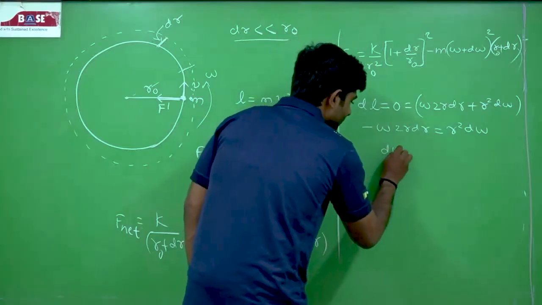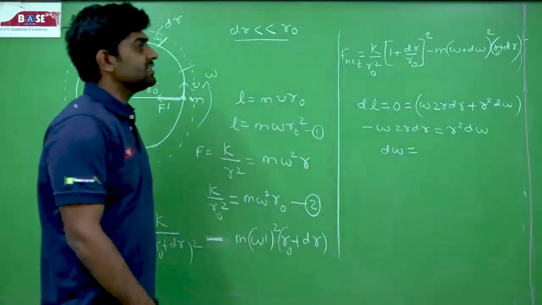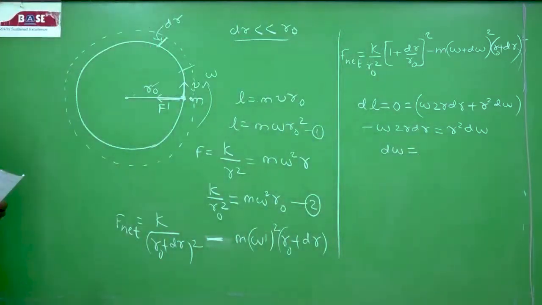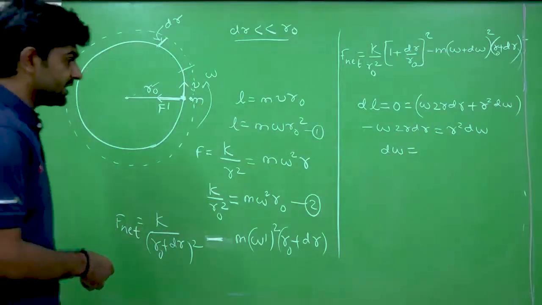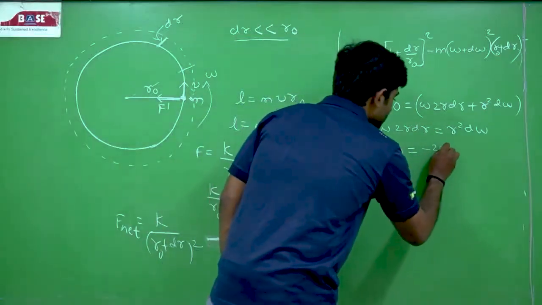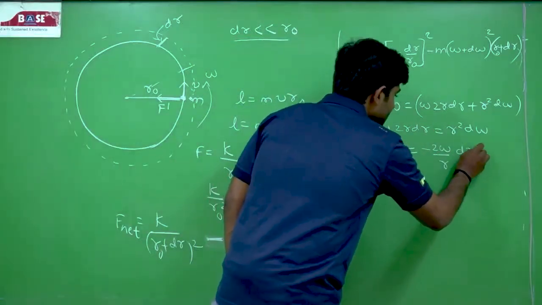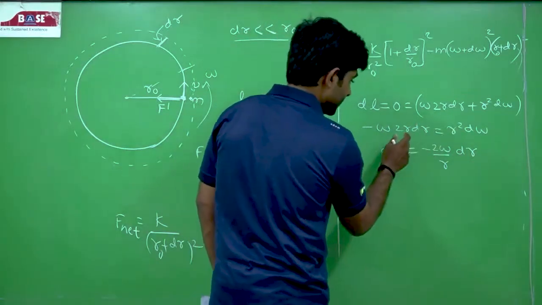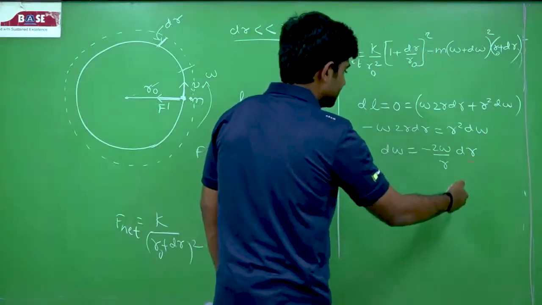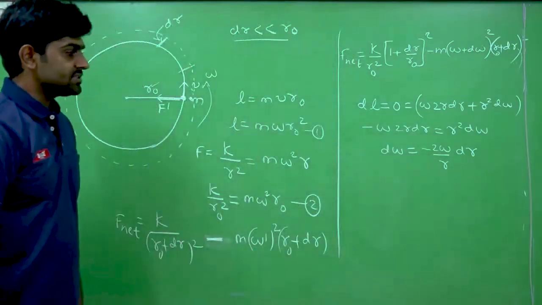So d omega, the change happening to omega, is given as minus 2 omega by r dr. Cancel r and r, and with a little rearrangement, d omega is this value.